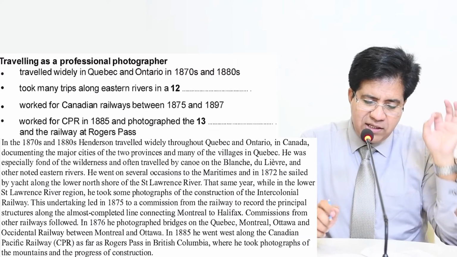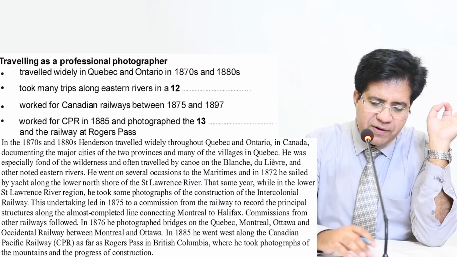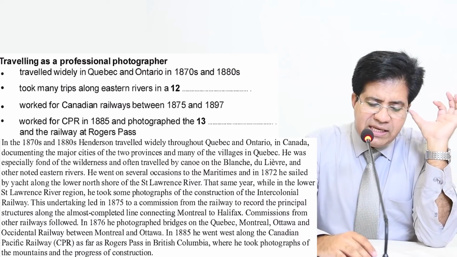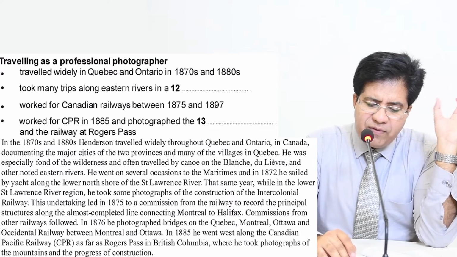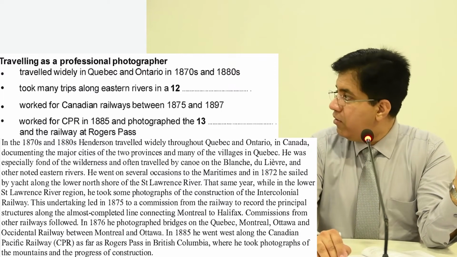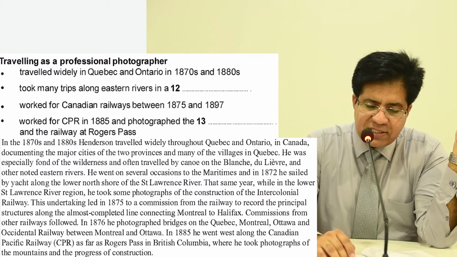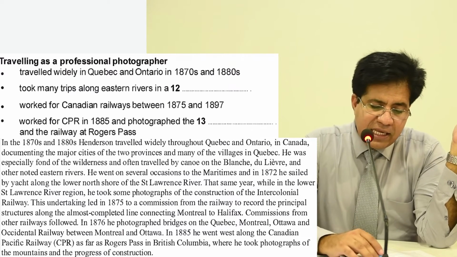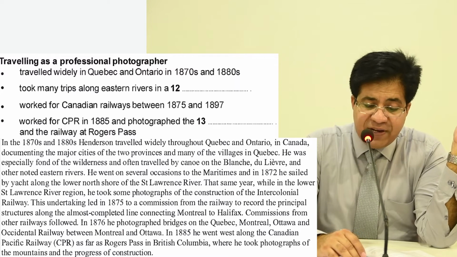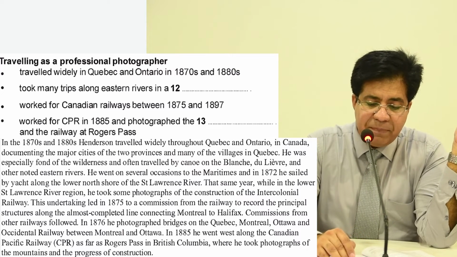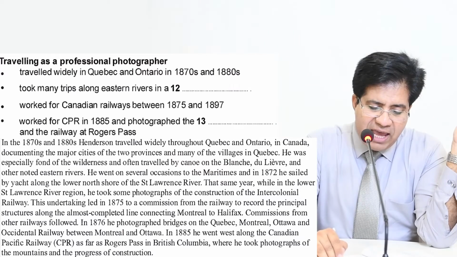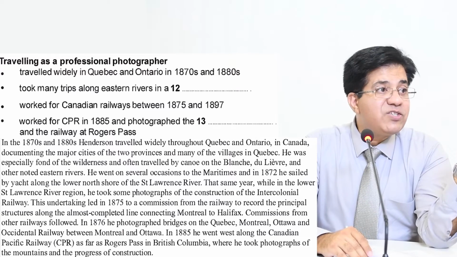Now let's go back. Mode of transportation for river. I'm reading it from the beginning. In 1870s and 80s, Henderson traveled widely throughout Quebec and Ontario in Canada, documenting the major cities of two provinces and many of the villages in Quebec. He was especially fond of wilderness and often traveled by canoe on the Blanche du Lièvre and other noted eastern rivers.